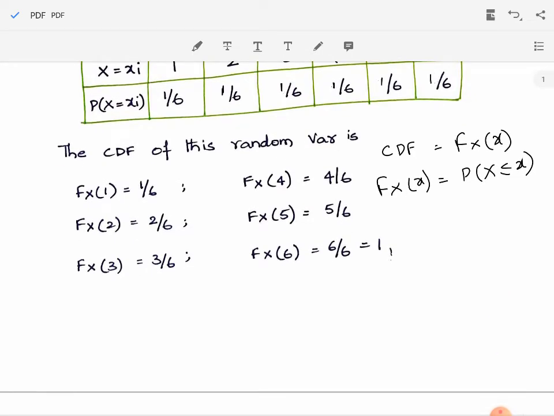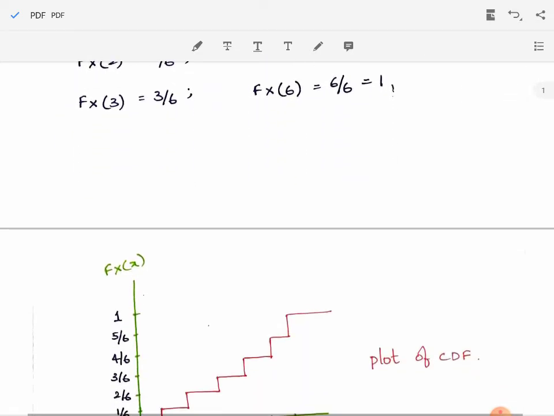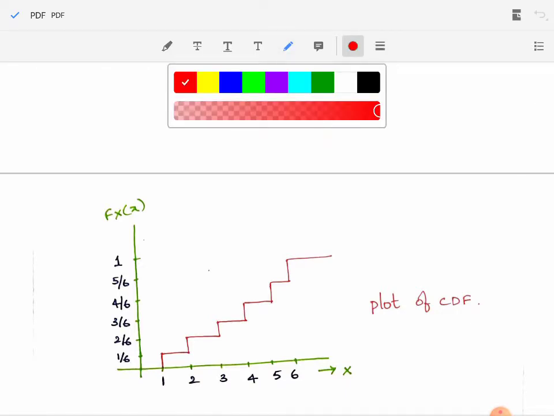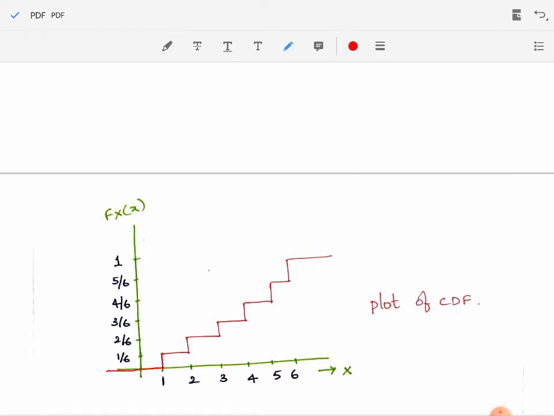Now let's plot the CDF of it. Your random variable X is a discrete random variable, so what we see is a staircase waveform. A CDF always starts from 0 and ends at 1.